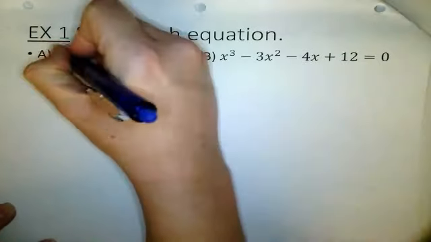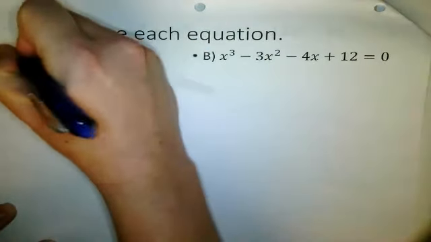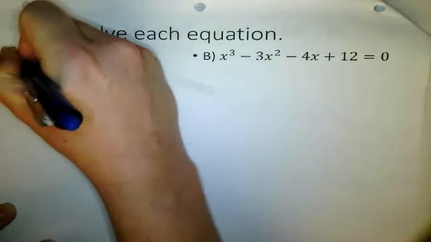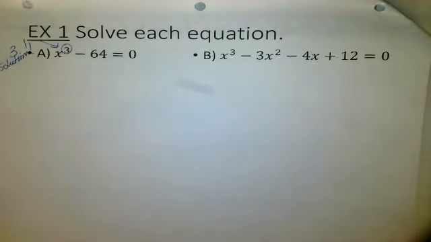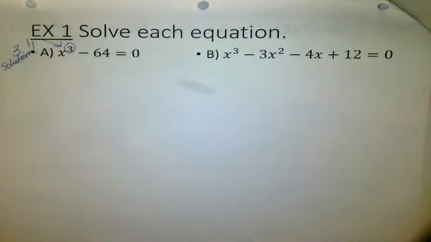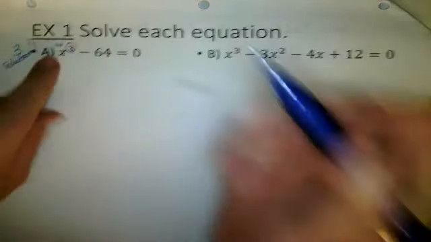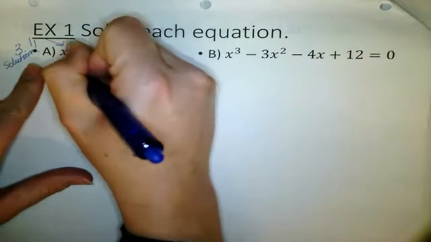The maximum is 3. Whatever the highest power is gives you the number of solutions. So by isolating and taking a root, I'm actually losing some solutions. So I'm going to try factoring. And if you remember, this is a difference of cubes.